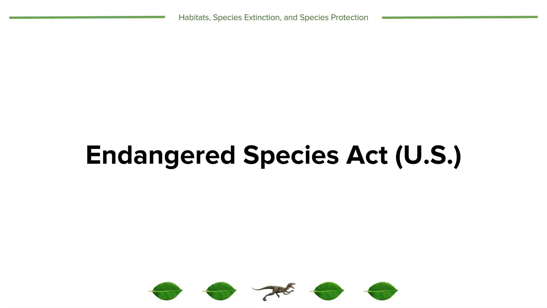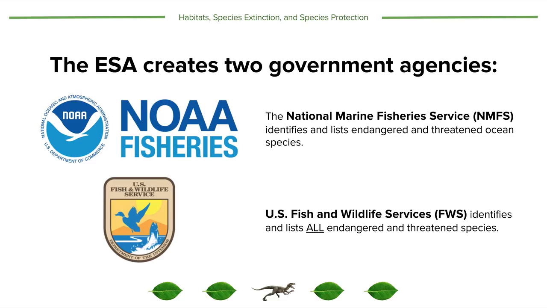We also have the Endangered Species Act. It's the legislation that focused on saving endangered species by creating two agencies, the National Marine Fisheries Service and the U.S. Fish and Wildlife Service.